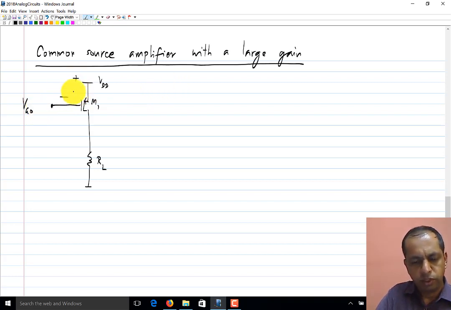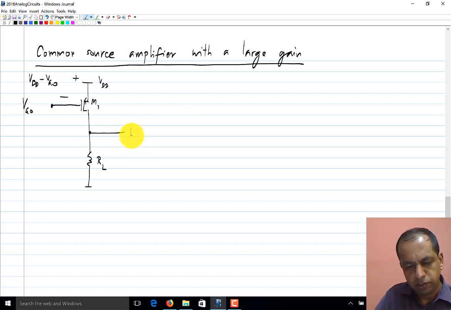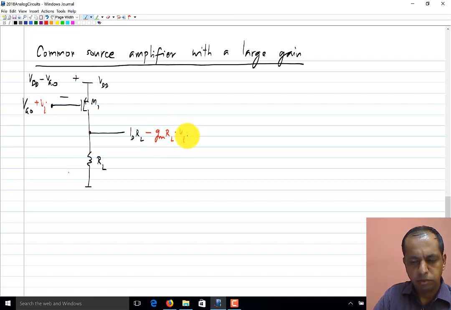So the source gate voltage at the operating point is VDD minus VG0. And across the load resistance, the operating point voltage is ID times RL. Then we apply an incremental voltage Vi here, and at the output we get an incremental voltage minus GM RL times Vi.